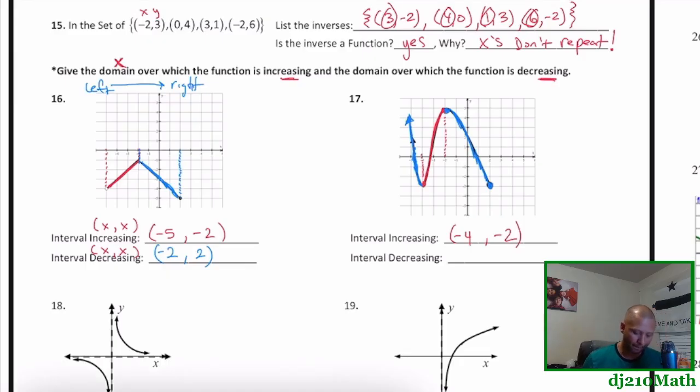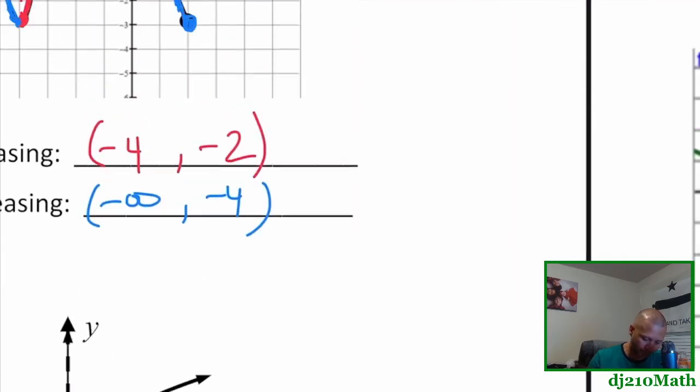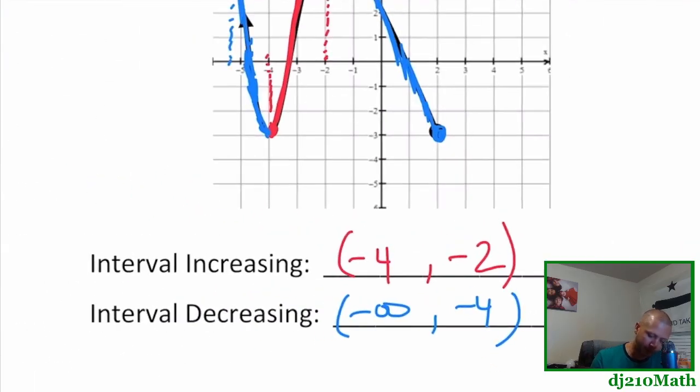All right. Decreasing. We're coming from negative infinity. That's where the arrow is coming from, right? We're coming from negative infinity up to the bottom of the hill. So up to -4. Now notice the -4, that's where increasing will start and decreasing stops.